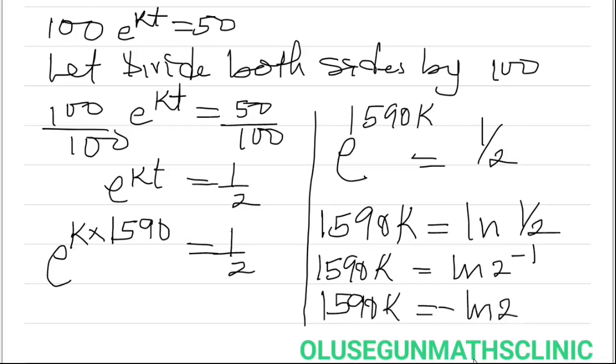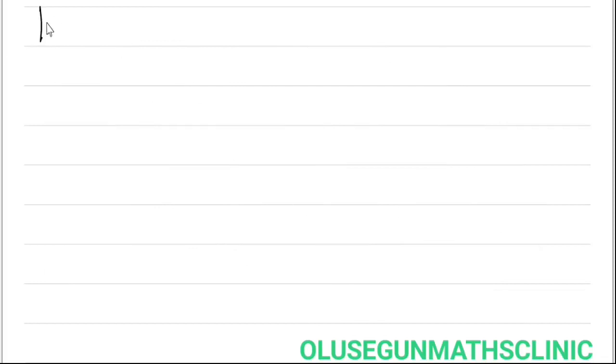What I mean by log 2 here is that ln also means log. So we have used the mass at 1,590 years to get the value of our constant, which means 1,590k will be minus ln 2.